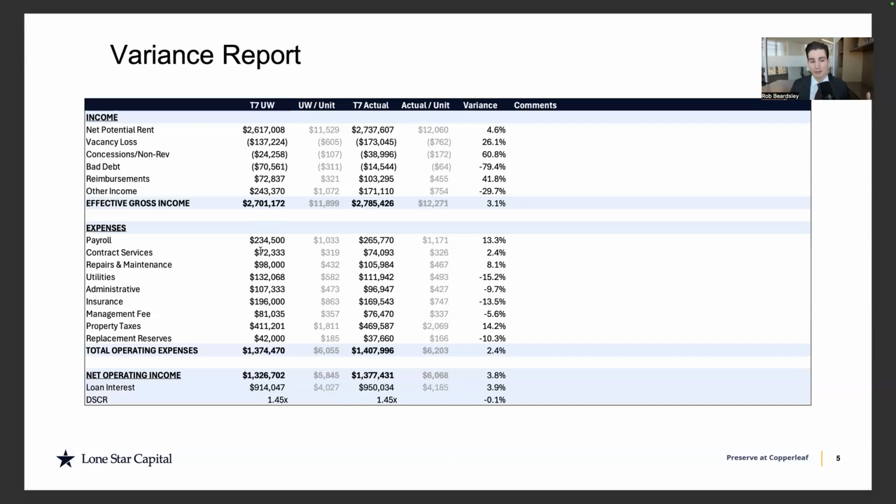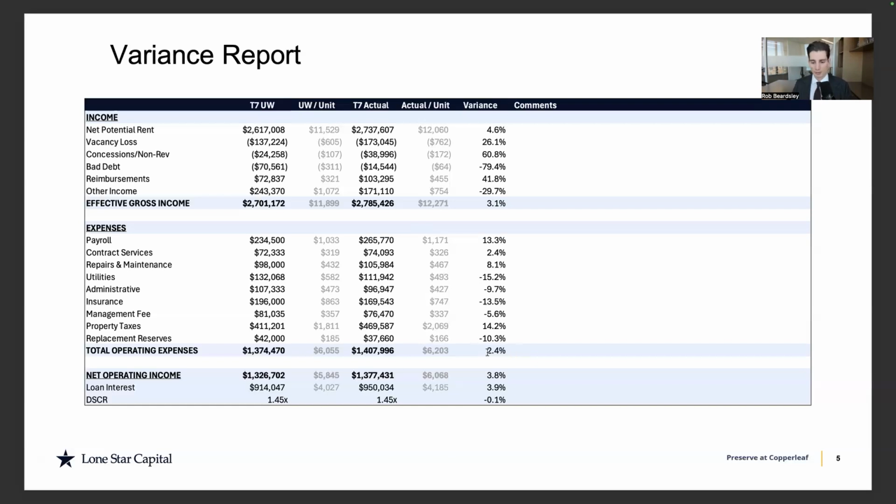Even still, this is only 7 months, and I would much prefer to look at a 12-month period and really get granular and understand what our expenses are for a 12-month period on a per unit basis, of course, versus our budget, and really drill down and see how we can continue to increase the value of the property for investors and enhance cash flow.